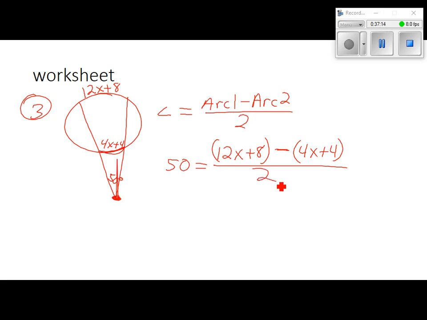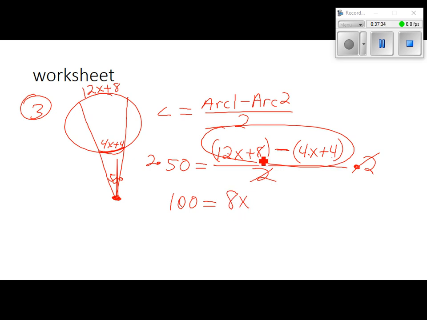First thing I'd probably do here, go ahead and multiply both sides by 2, get rid of this fraction. So that's 100 equals, and you could do this at the same time, 12x minus 4x and 8 minus 4. So 12x minus 4x is just 8x. 8 minus 4 is 4.